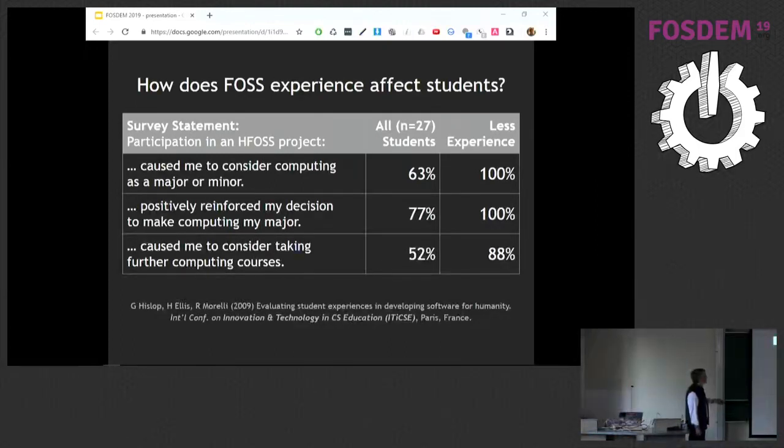What's interesting, though, is the students with less experience got a much bigger benefit from it. The students that already knew they wanted to major, it wasn't going to change their mind. The students that weren't sure, the students that were less confident, the students that might have been suffering from imposter syndrome, big difference there.